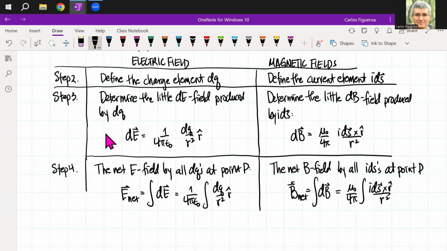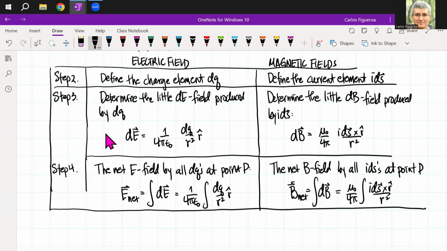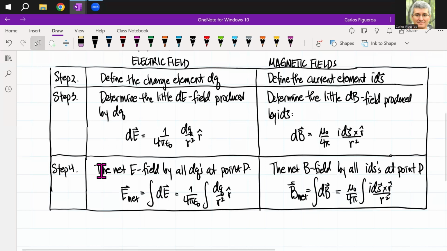So if we look at these step by step, you're really seeing us repeat the process of Coulomb's law. And that's what we want to do now for a wire.